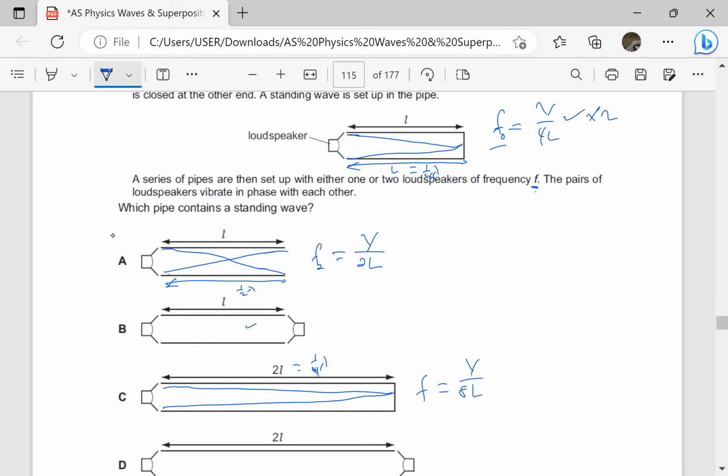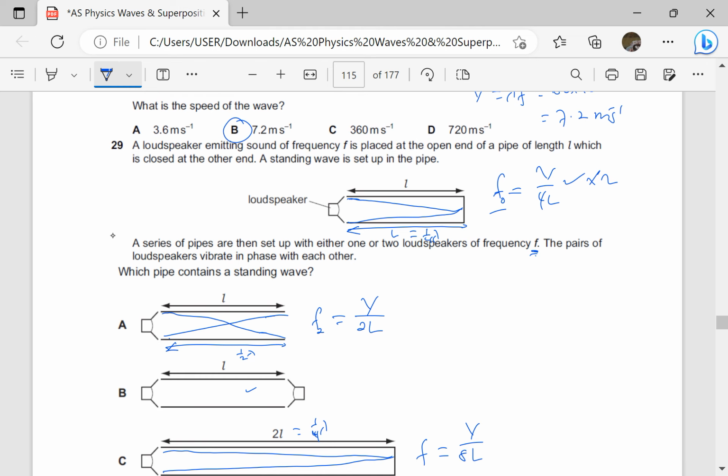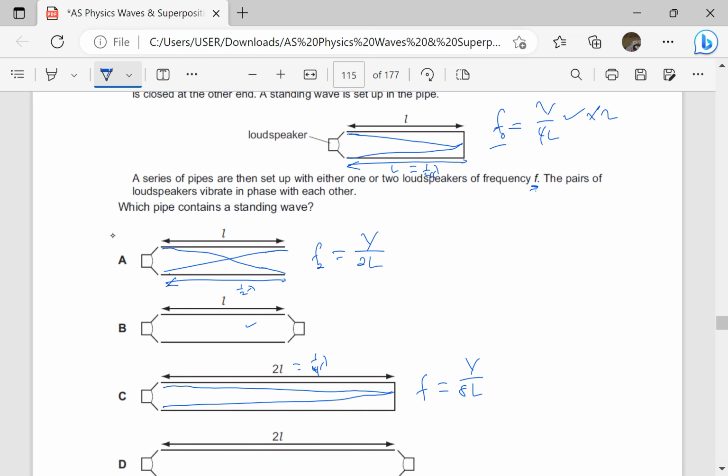It means the frequency needed to cause a stationary wave would be V over 8L, so our frequency F cannot cause a stationary wave here, because the fundamental mode here is V over 8L.